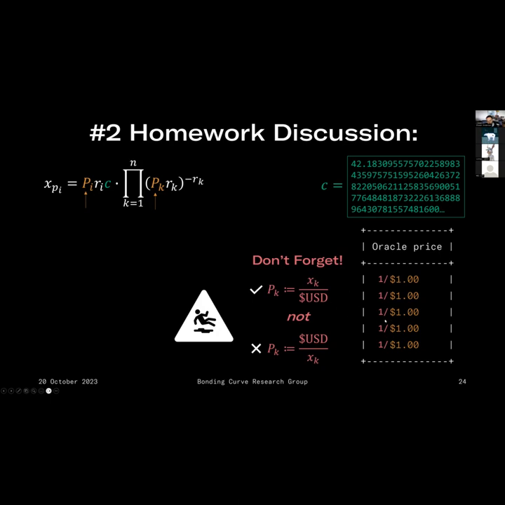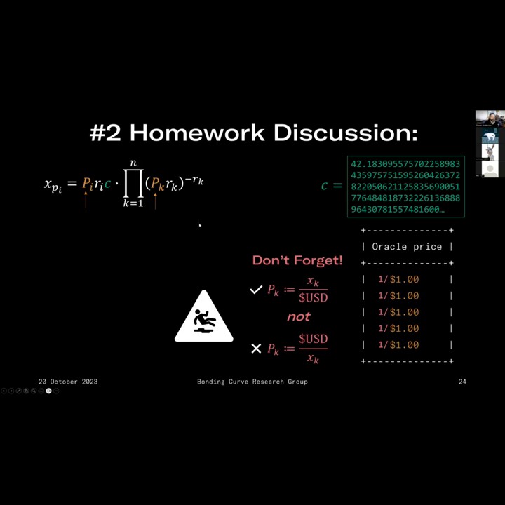Now, in this particular case, and this is the reason why I set them all to $1, it doesn't matter, right? Because 1 over 1 is the same as just 1 itself. But had I chosen any oracle price other than the number 1, then this inversion might have messed you up. So just remember that. This is very important for this specific equation.